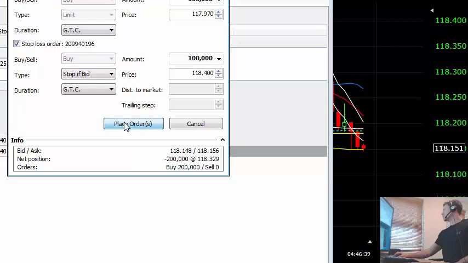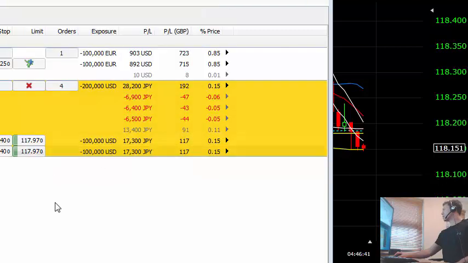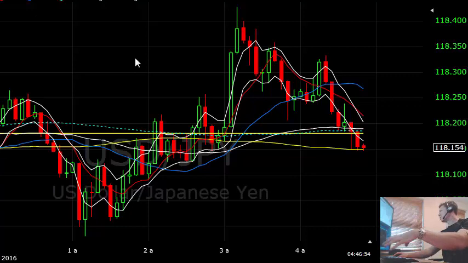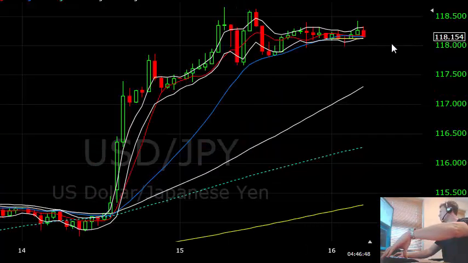Okay, as my actual target. If it gets to that target, it's only about 35, 36 pips on this two thirds, but it still ends up being a reasonable trade if it can get down there. But we have to bear in mind this hourly chart is not really doing much.